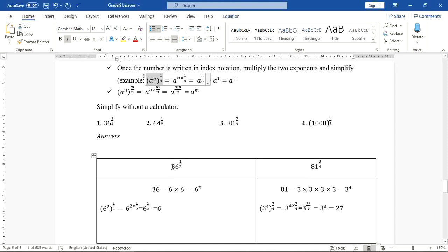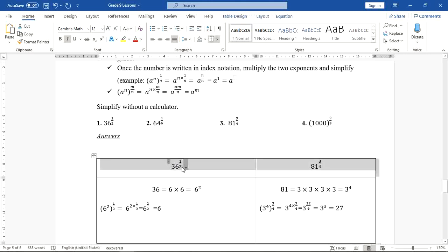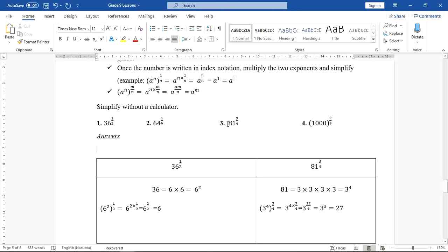Please confirm this on your calculator if you are doubting this answer. I did number 1, and now I will do number 3. You'll be required to do number 2 and 4 on your own. For number 3, we know that 81 is 9 times 9, and 9 times 9 is 3 times 3 times 3 times 3, which is 3 exponent 4.